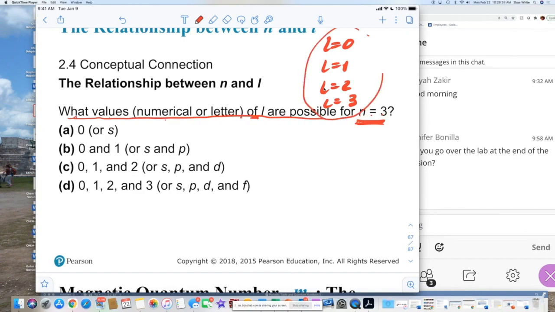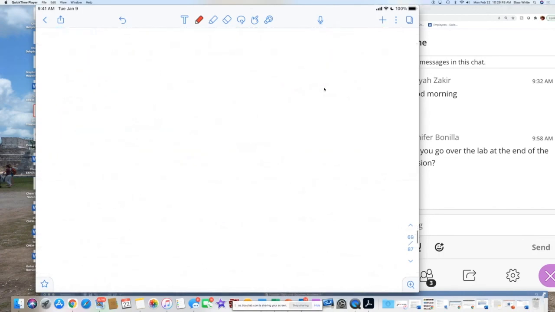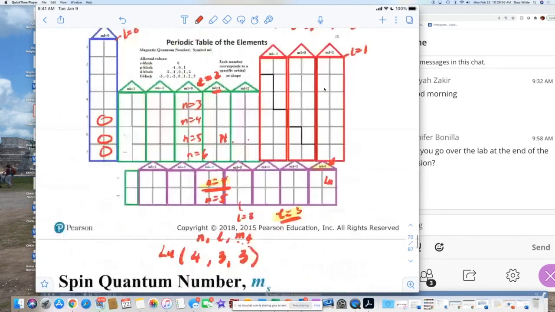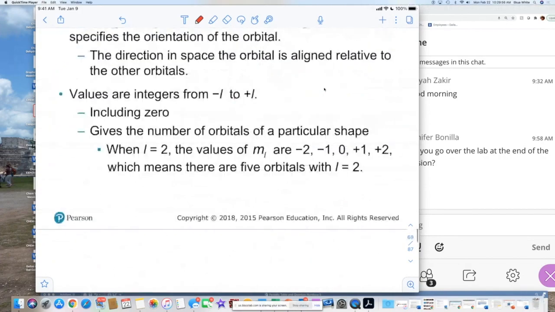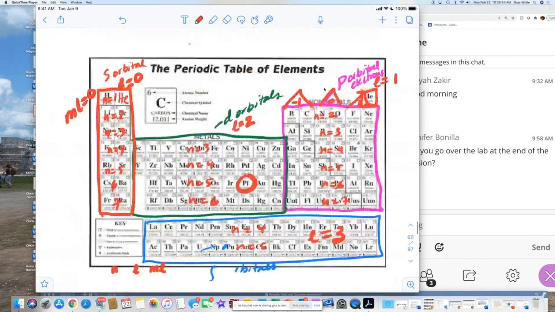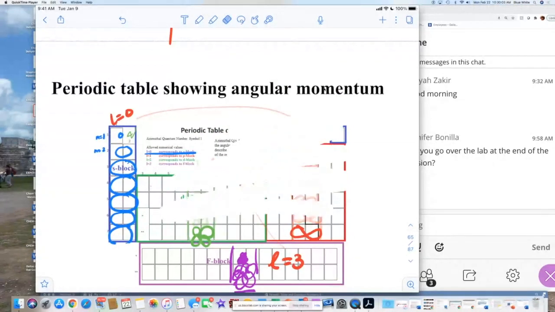Can we use all 3 of these? Or do we use just a couple of them? So let's go find in the periodic table where N is 3. Okay? What I like to do is, let's use this one here. It tends to be the cleanest, because the other periodic table is a mess. We can use this one too, that will work.